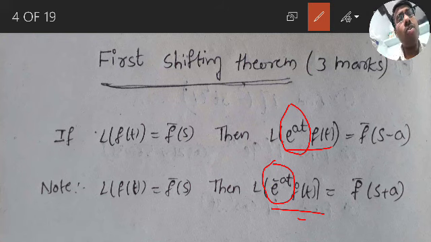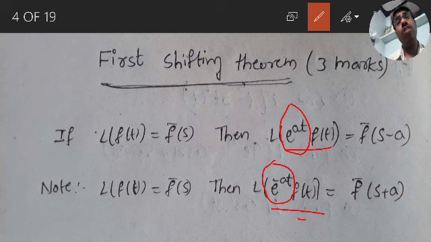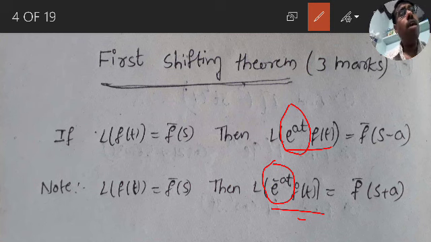So what I want to tell you is there is no general product rule in Laplace transform, only special cases. Among them, the first shifting theorem gives one special case, the Laplace transform of a product of two functions where the first function must be e power of at or e power of minus at.